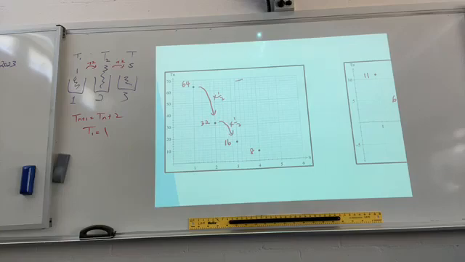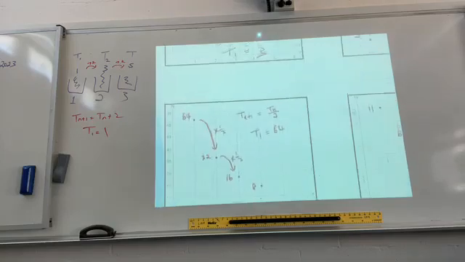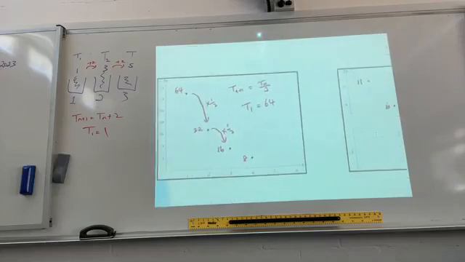So we say this is Tn plus 1 equals Tn divided by 2, and T1 equals 64. All right? Do you all agree with me? Excellent. What about the next one? Is this linear or non-linear? Thank you. Linear.